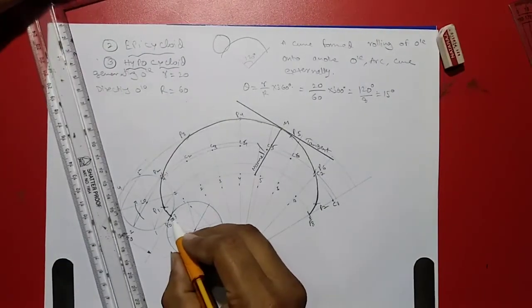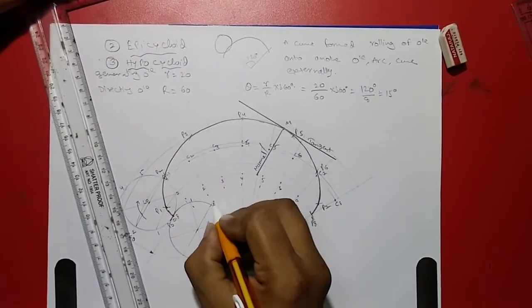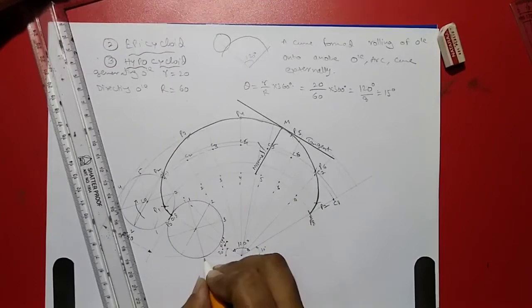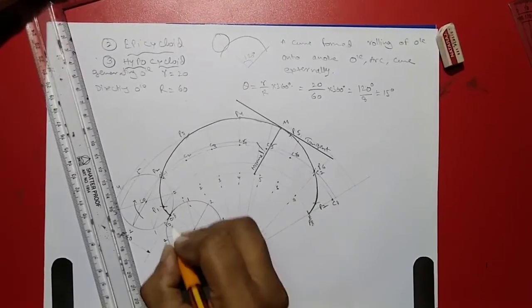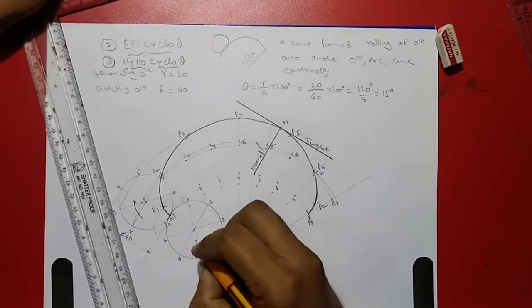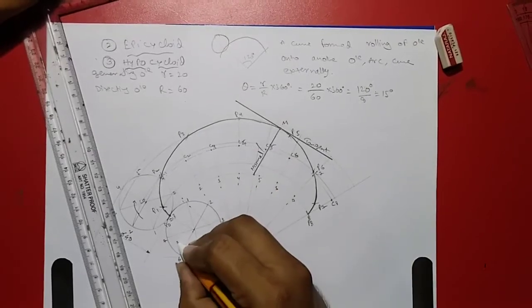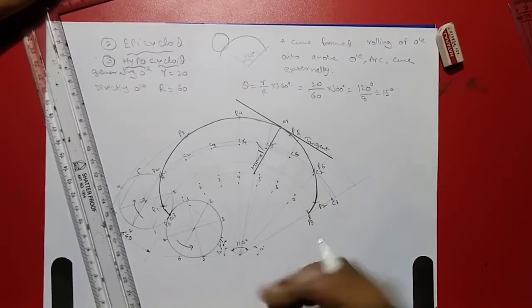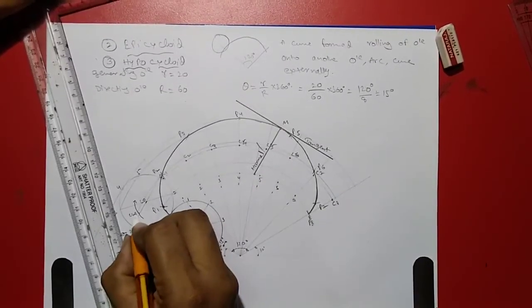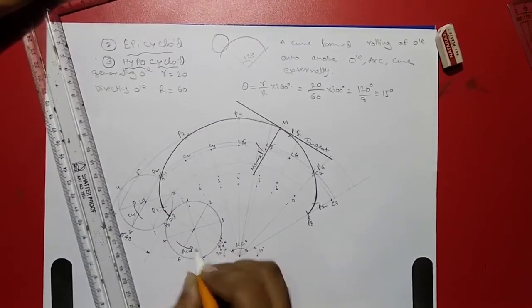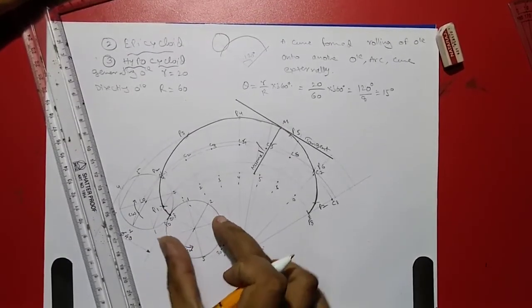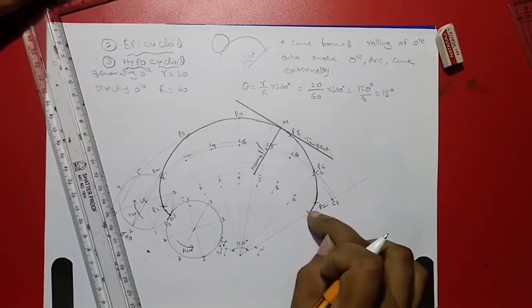So same 0, 1, 2, 3, 4, 5, 6, 7 and 8. So now this circle would be rolling anti-clockwise. This would be clockwise, this is anti-clockwise direction. So when the circle rolls like this, it can complete the curve like this.